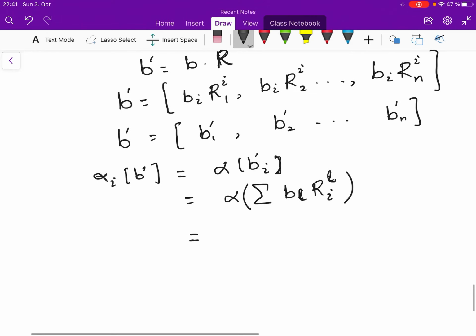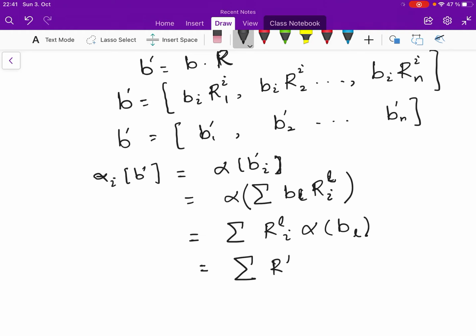Now because this alpha is a linear functional, I can take this BL, which is a constant, this RLI, which is a constant, outside, and this will become RLI alpha BL, and this means summation RLI.